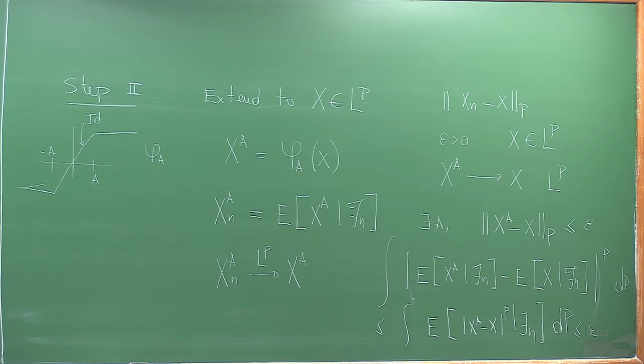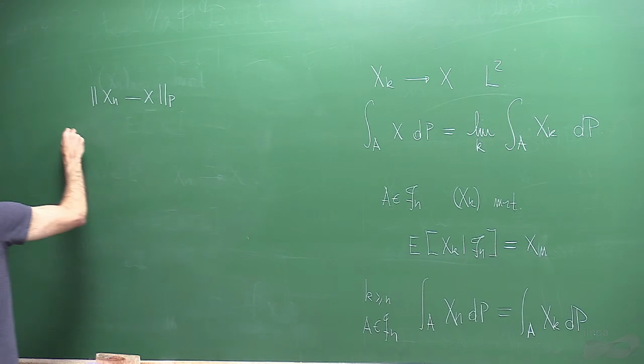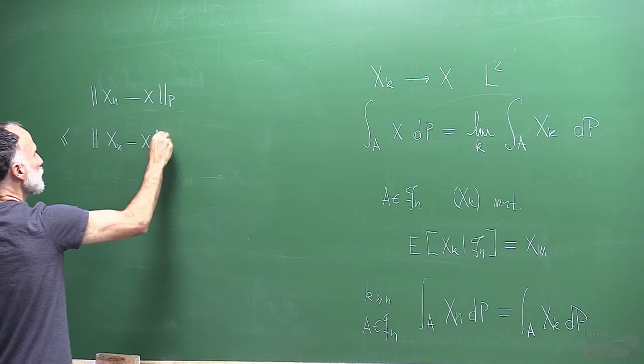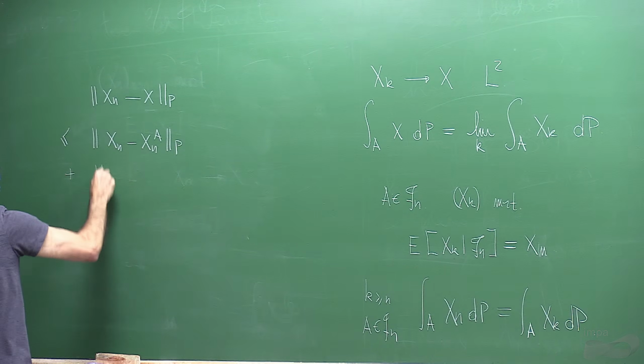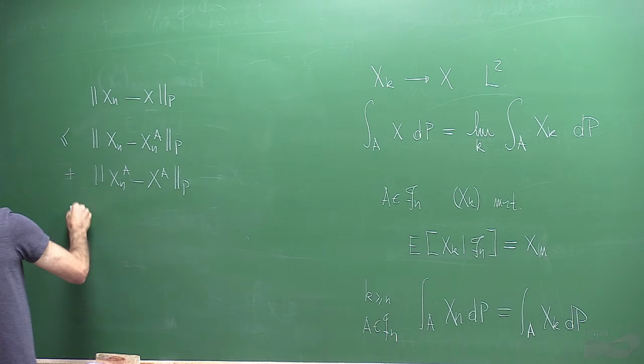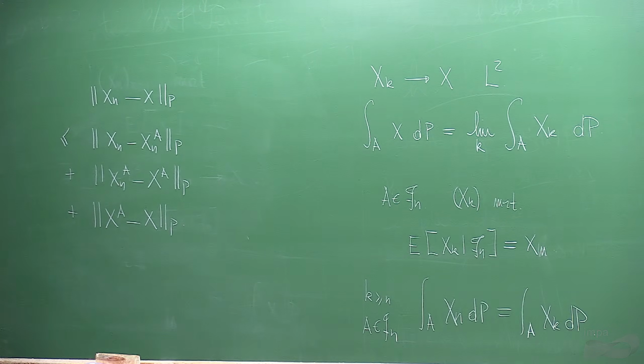Okay, questions up to now? And now I can go to the triangle inequality. I want to estimate the LP norm of xn minus x. I'll say that this is bounded by the norm of xn minus xan plus the norm of xan minus xa plus the norm of xa minus x. Right, triangle inequality. I fixed this epsilon.